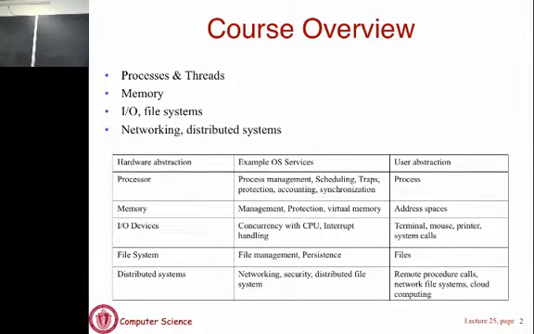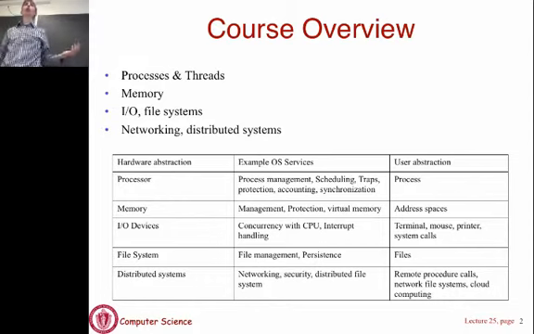When we're talking about the processor, the OS provides process management and scheduling, synchronization, all of which are provided via the user abstraction of the process. Processes are an abstraction used by the user, and that's provided by all of these various OS services.